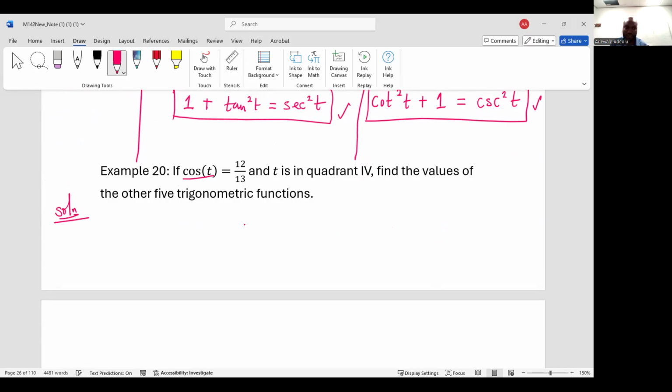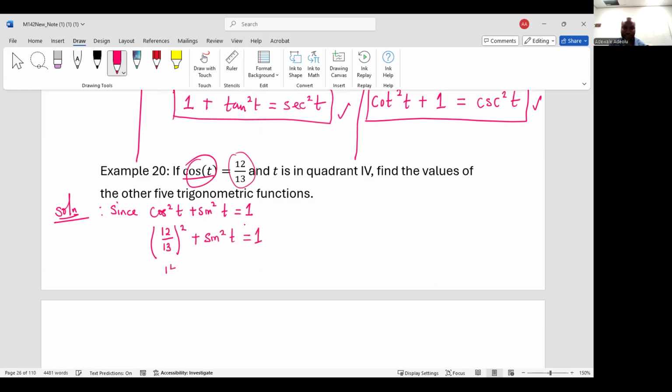Solution. We know that cosine squared of angle t plus sine squared of angle t is 1. Meaning that, I've been given cosine of angle t to be 12 over 13, which means I can have 12 over 13 here and square it plus sine squared of angle t equals to 1.